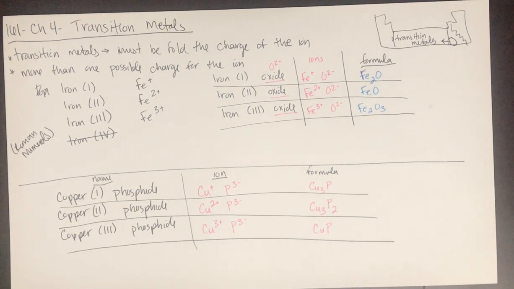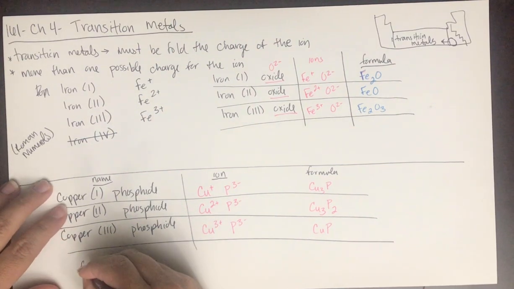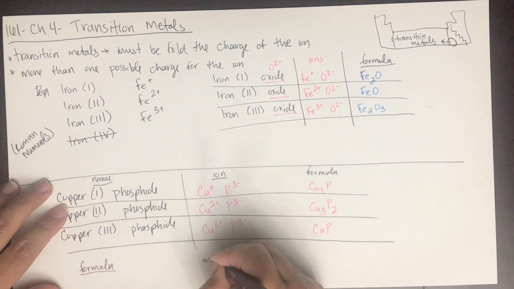So let's see what a good example for that would be. Maybe just right down here at the bottom. Here's the formula, and I want you to write the name.